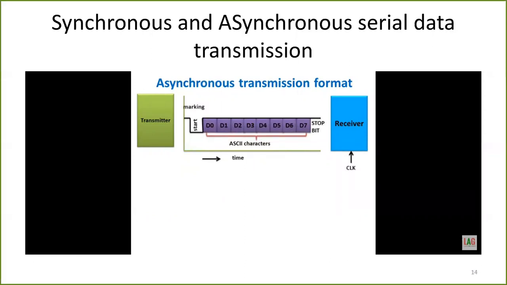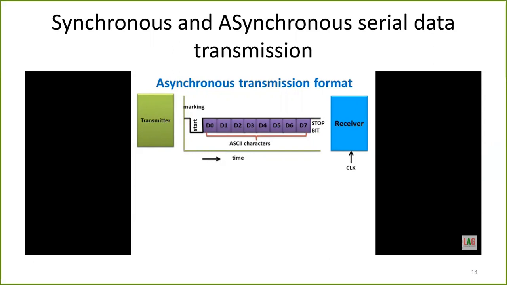To transmit this data byte, I need a start bit followed by the data bits, and in the end I have a stop bit. The start bit and stop bit indicate when the data arrives and when the data stops. Here the logic high is indicated as mark and a logic low is indicated as space.